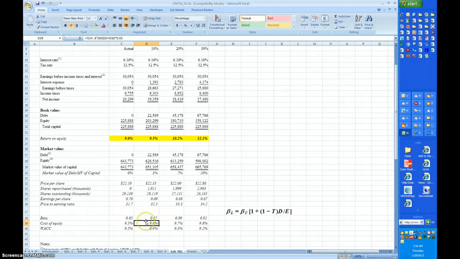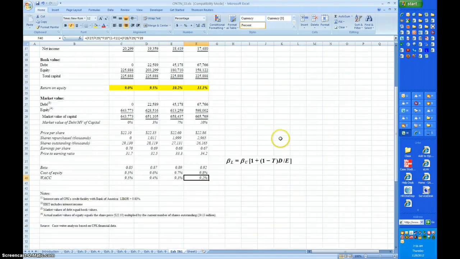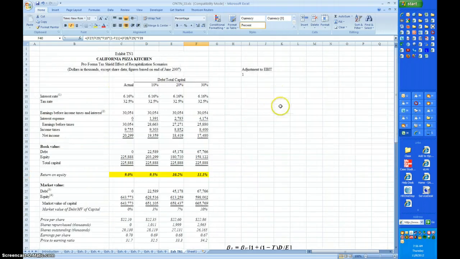You're using a smaller amount of equity, but what's happening, though, is the equity is getting more expensive. Cost of equity is going up. Weighted average cost of capital is going down throughout this, and there is a point where it starts to turn back around. Anyway, that's the explanation. I hope it isn't too clumsy.